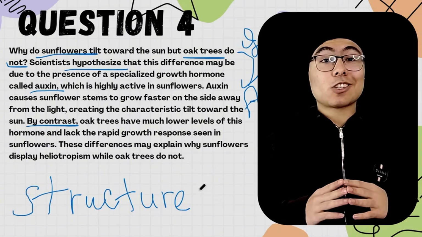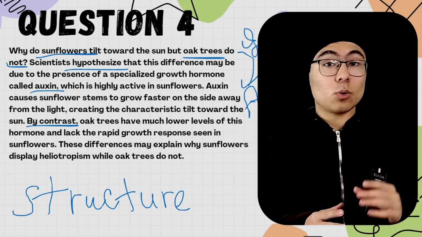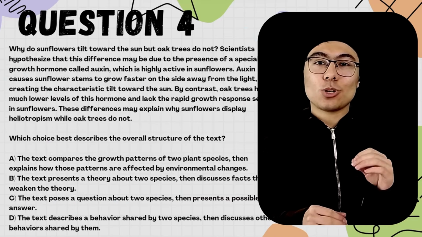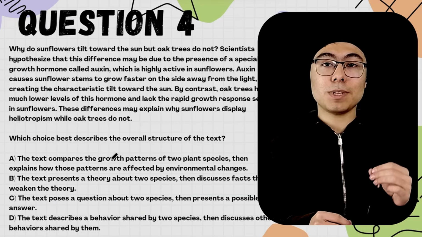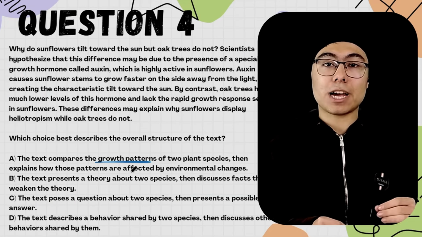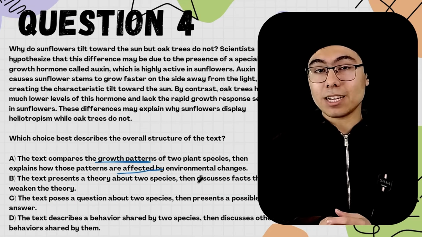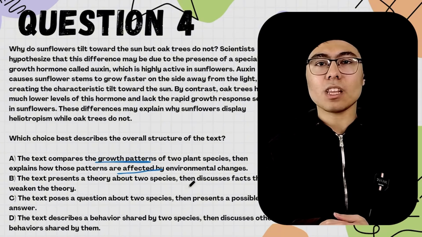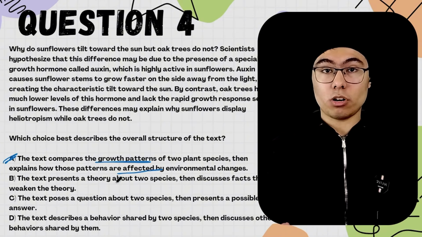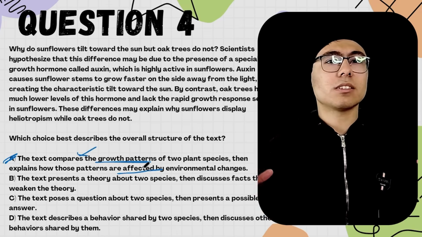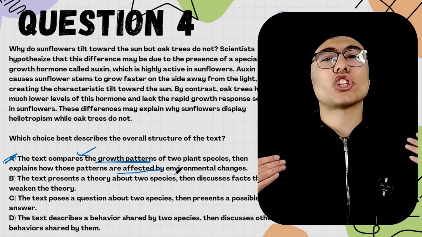Now, let's destroy the wrong answer choices one by one. Choice A, the text compares the growth patterns of two plant species, then explains how those patterns are affected by environmental changes. No. The passage does compare two plants, sure, but where is the part about environmental changes?